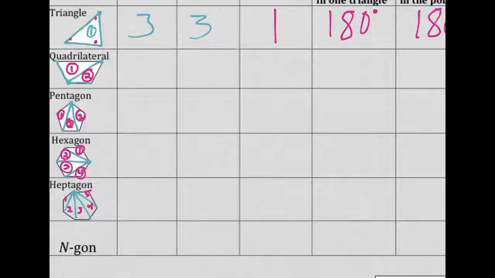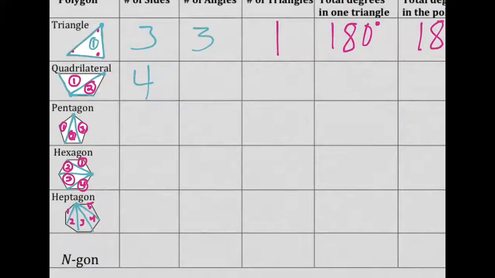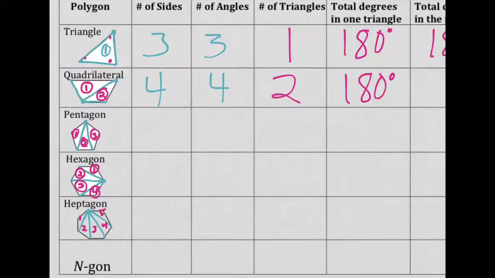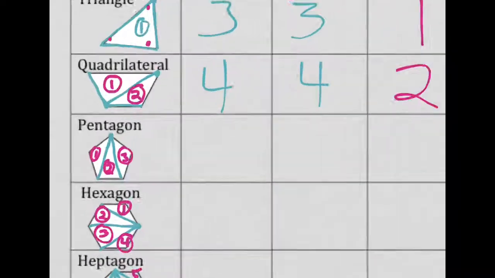Well, let's look at the quadrilateral now. We've got 4 sides in the quadrilateral. 1, 2, 3, 4. And our number of angles is also 4, right? So the number of triangles in here we said was 2. Okay? And the total degrees in one triangle is still going to be 180. But this time, we've got total degrees in the polygon. Well, guys, look.